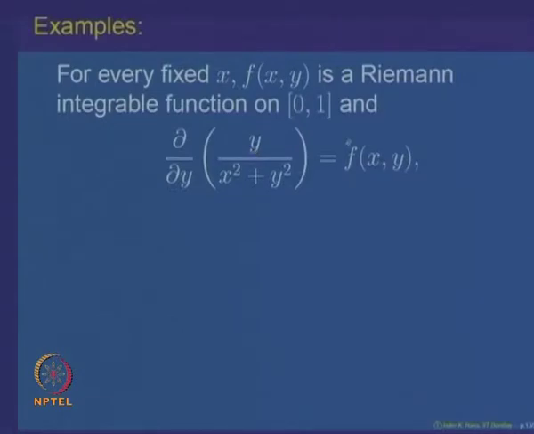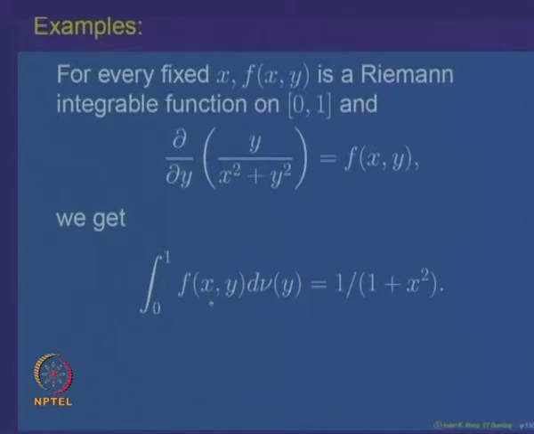So, when I integrate f(x,y) with respect to the variable y, because it is the Lebesgue measure we are integrating, and for a Riemann integrable function the Lebesgue integral is the same as the Riemann integral, that will give me that the integral from 0 to 1 of f(x,y) d nu(y) is equal to 1 over 1 plus x square, because y is 1.